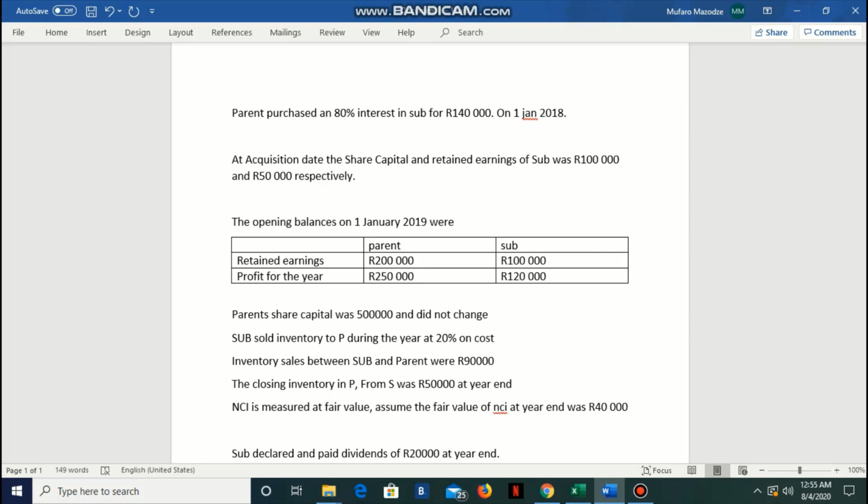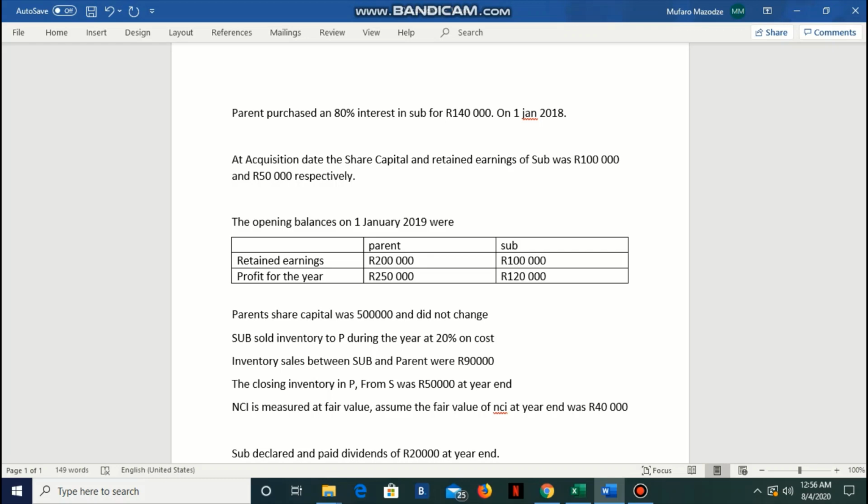The opening balances on 1 January 2019 were as you can see, because the question is going to be doing the consolidation journals and the consolidated financial statements at the end of 2019, which is going to be December. So both parent and sub have a year running from January to December.